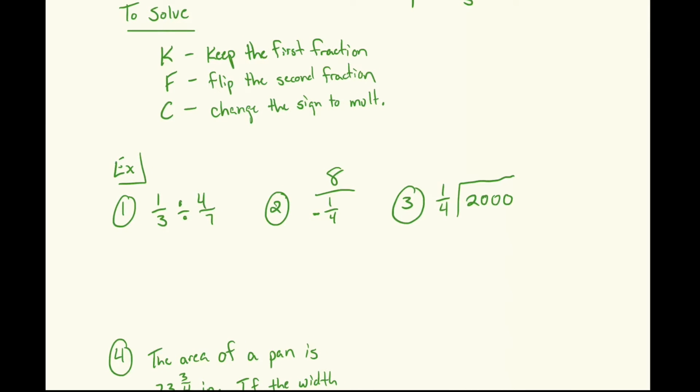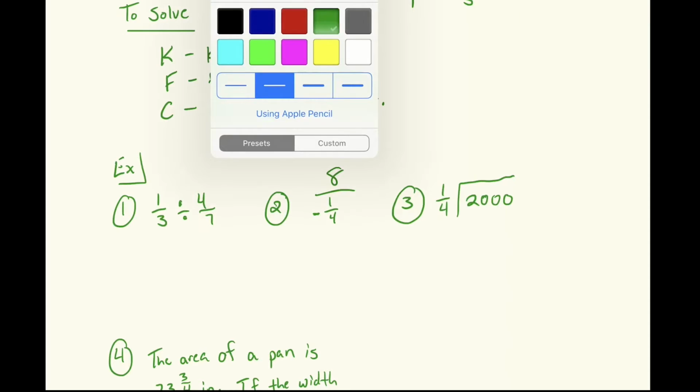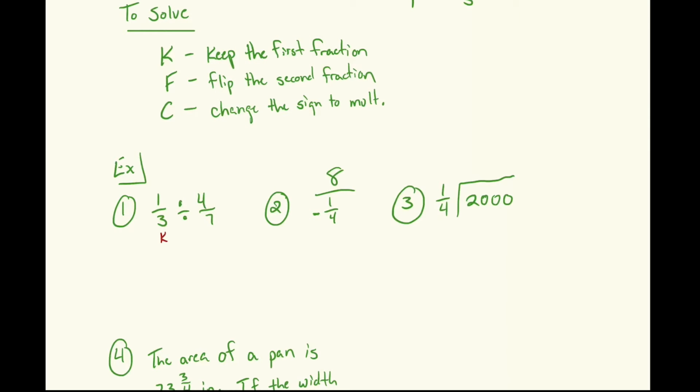We have the problem 1/3 divided by 4/7. So if I am to solve this problem, I need to keep the first fraction the way that it is. So I'm going to keep that as 1/3. I'm going to flip the second fraction upside down. So I'm going to do the reciprocal, which is going to be 7 over 4.